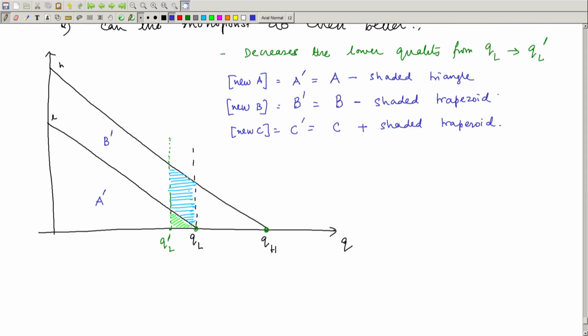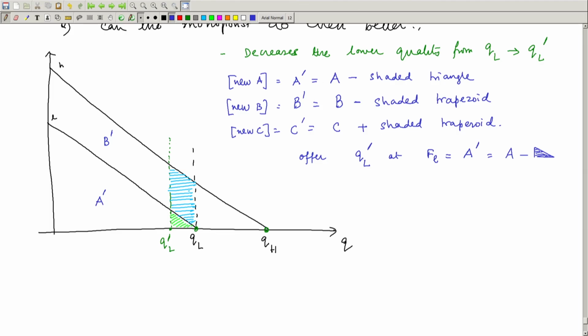Now, let us see what happens. So, suppose I offer QL prime units at a fee FL equal to A prime. So, I offer QL prime at A prime, which is essentially the area A minus the shaded triangle.